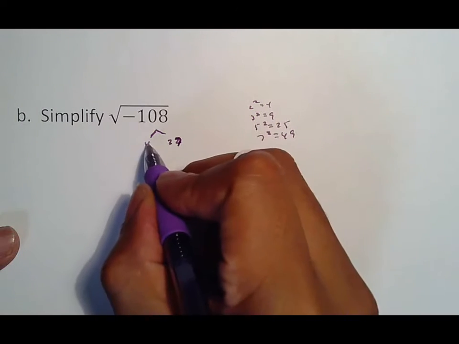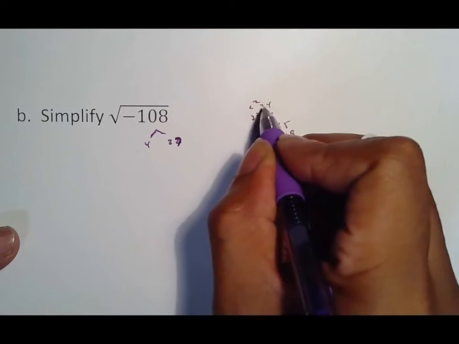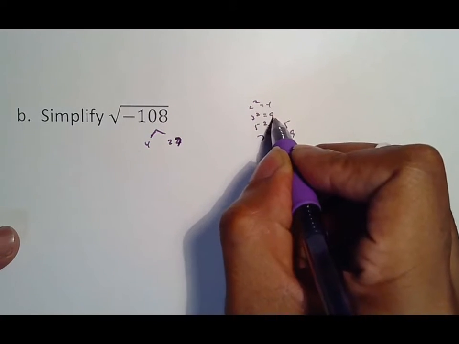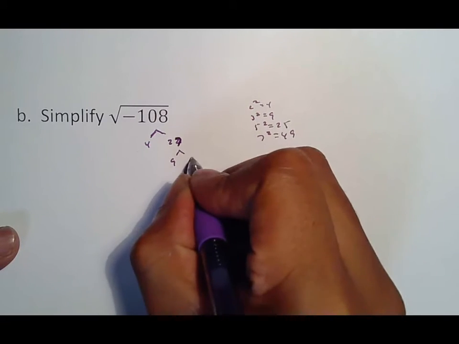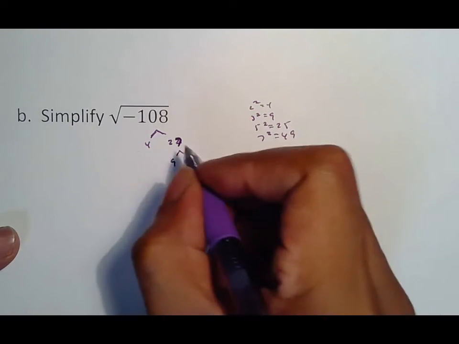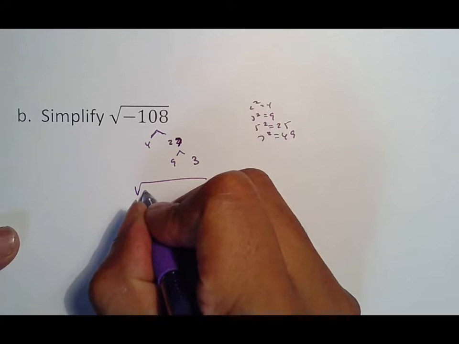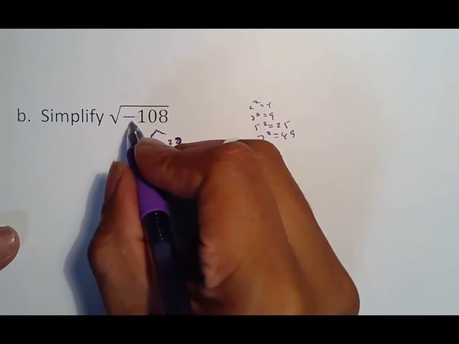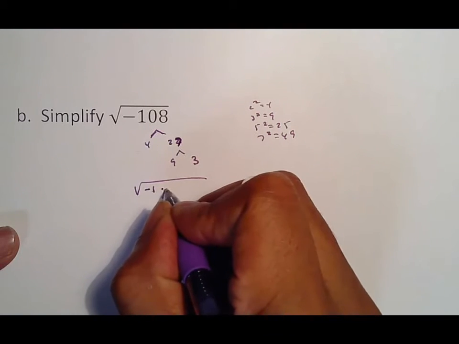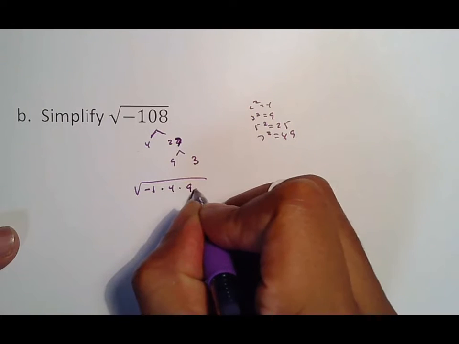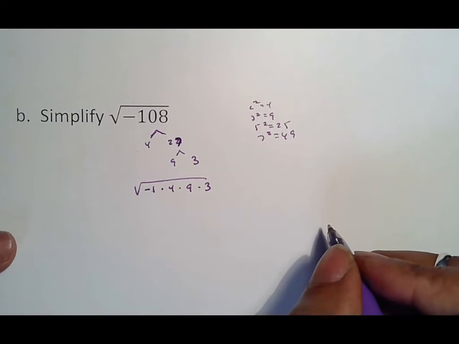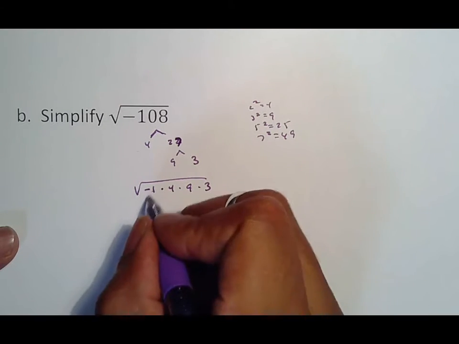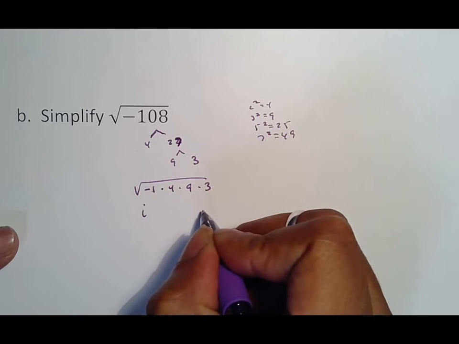4 no longer goes into 27. This number's good, but 27 is no longer with 4, but 9 goes into 27, which is 9 times 3. And so what I have here is the square root of -1, because there's a negative there, times 4 times 9 times 3. So this is going to come out as an i.